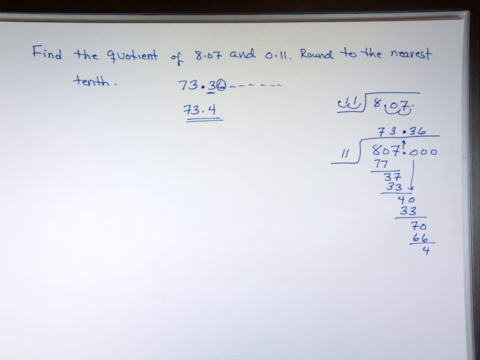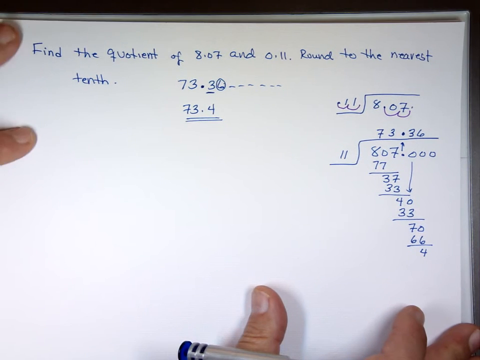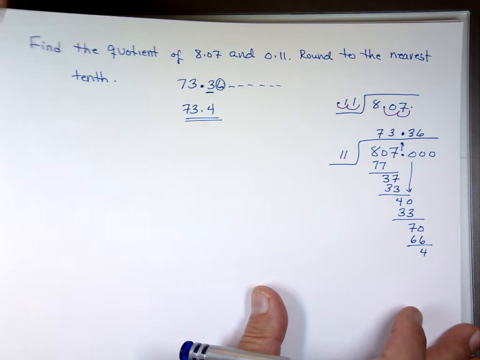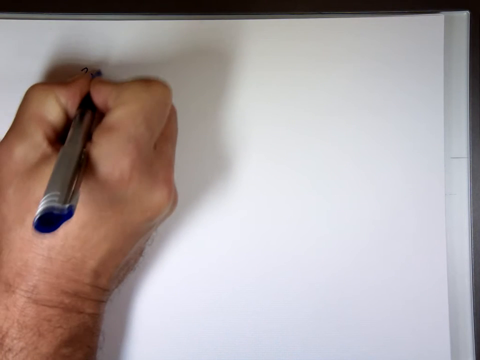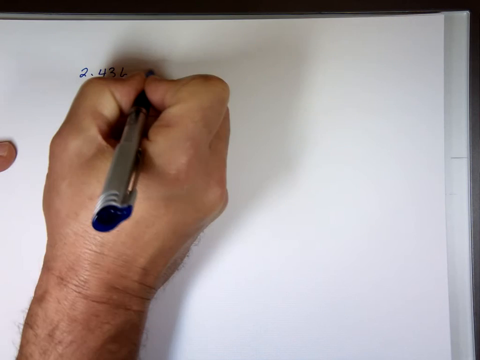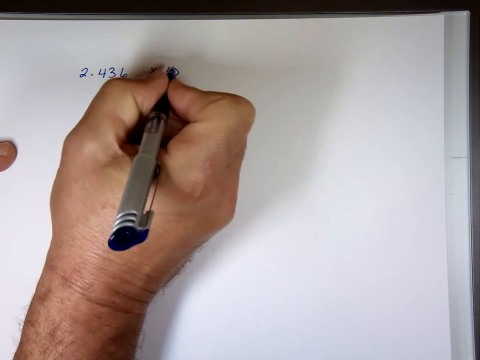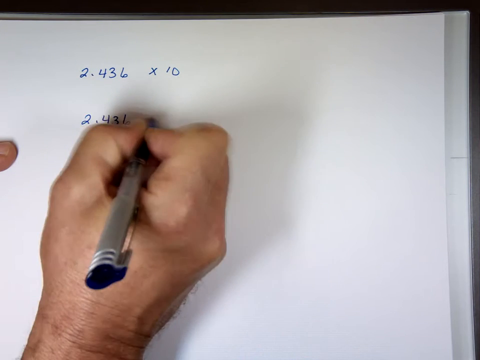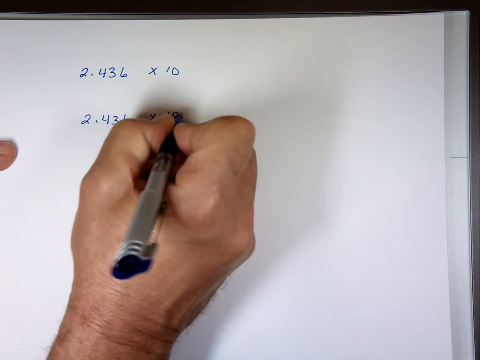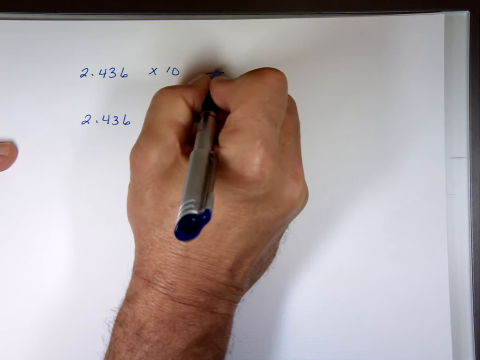Now, I don't know if you remember from last class. I'll give you a shortcut too. I'm going to just give you a little quick review. Last class, we did multiplications. And we said when you multiply 2.436 by 10, or 2.436 by 100, you move the decimal point which direction?